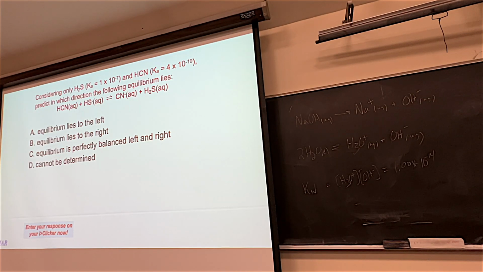Now, a hint: Ka is always acid plus water, and the products are hydronium plus conjugate base. So for this one, you'd have H2S plus water, and hydronium and HS minus would be your products. See if you can combine them, find the K, and then use the K to figure out which one of these it is. See what you can do with this, and we'll talk about it in just a little bit.